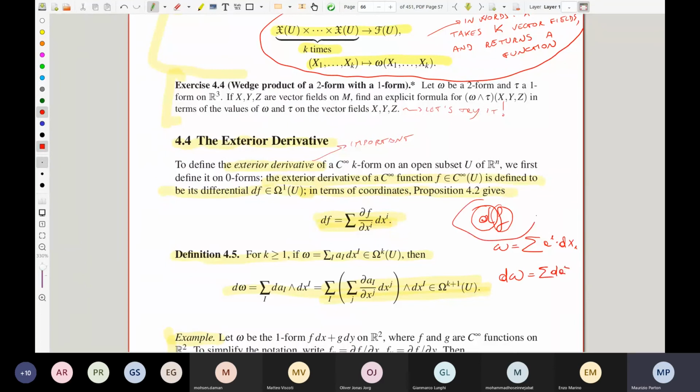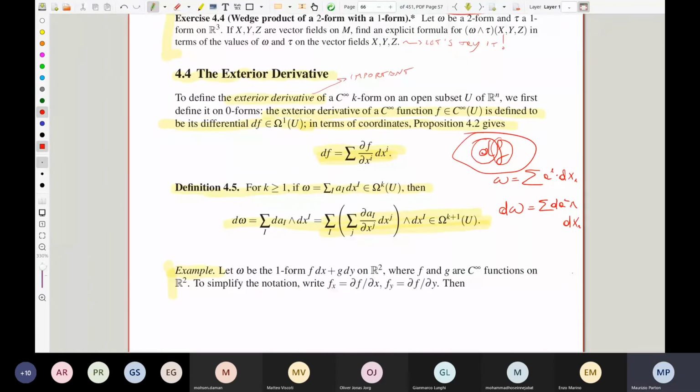I can do this because I know what this is, and I have to multiply it times this differential. But the multiplication in the alternating realm is the wedge product. So we have this definition: the differential of a one-form is the differential of the coefficients wedge the differential of the basic form.